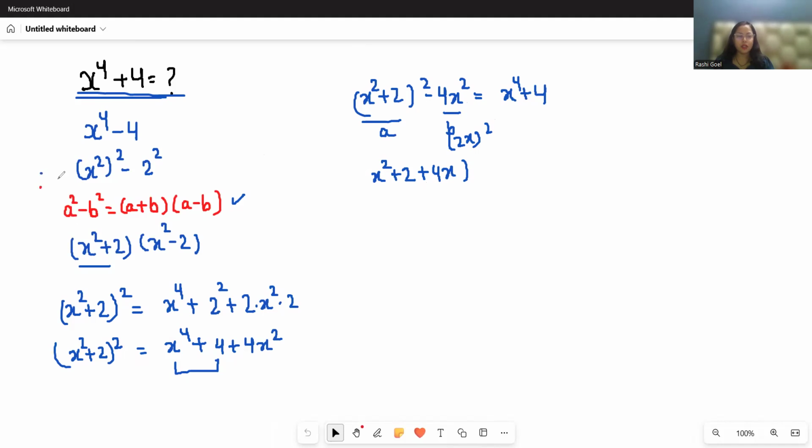So here b is 2x, and a minus b. So x square plus 2 minus 2x. So (x square plus 2x plus 2) times (x square minus 2x plus 2). These are the factors of x power 4 plus 4.